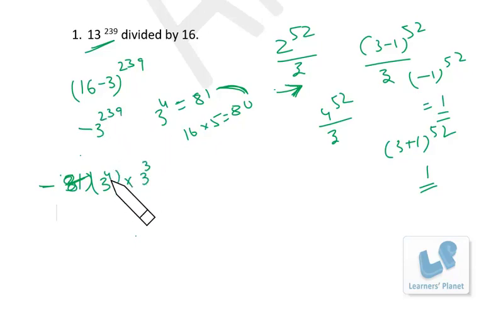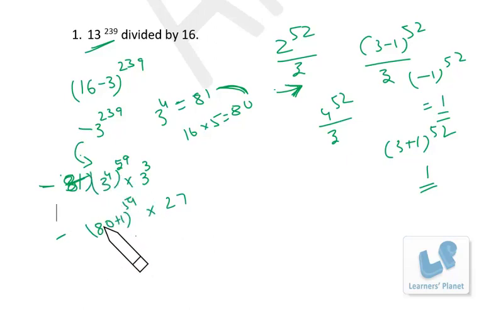I divide 236 by 4, so this expression can be converted to 3 raised to 4 raised to 59 into 3 raised to 3, with the minus sign, do not forget this. Now 3 raised to 4 is 81, and 81 can be written as 80 plus 1, so 80 plus 1 raised to 59 into 27. This expression can be converted like this, but again you don't have to write this step.